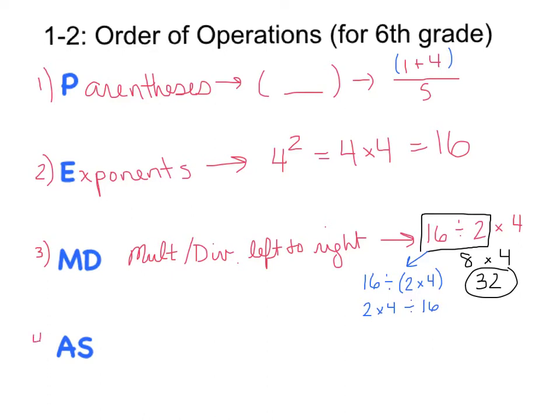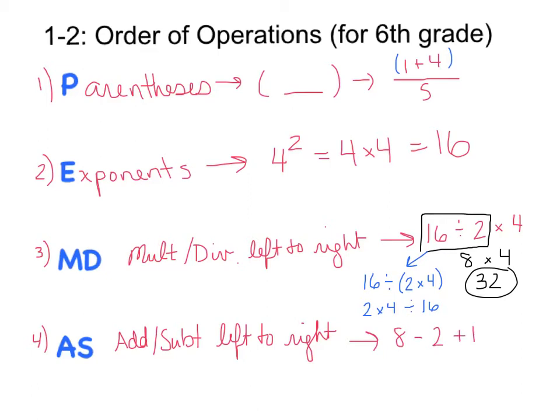Similarly, the operation you do last is the addition and the subtraction, also from left to right, which means that if I have a subtraction first, so something like 8 minus 2 plus 1, I would need to do the 8 minus 2 first before adding the 1.